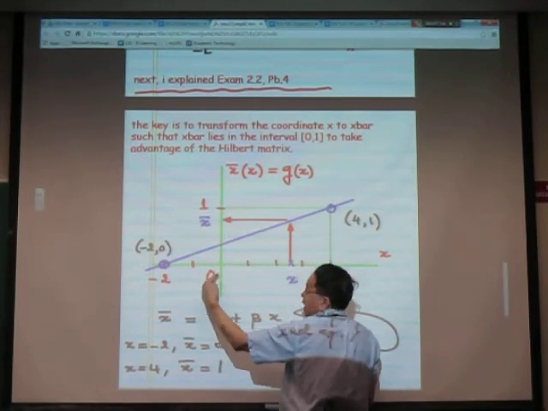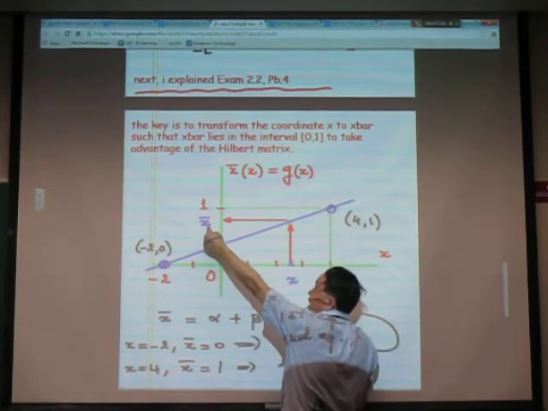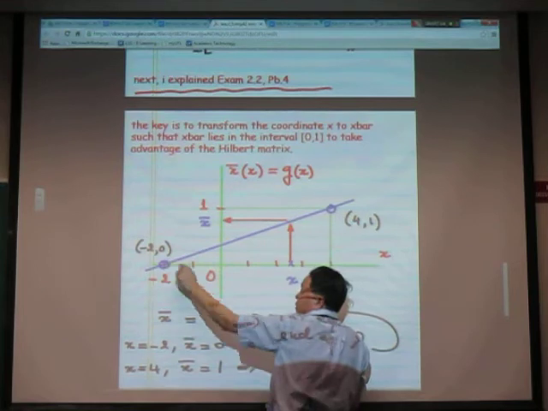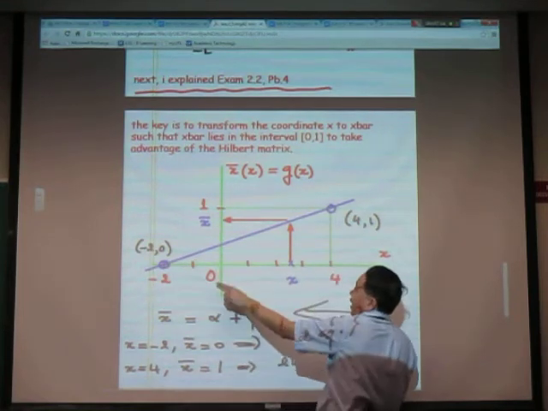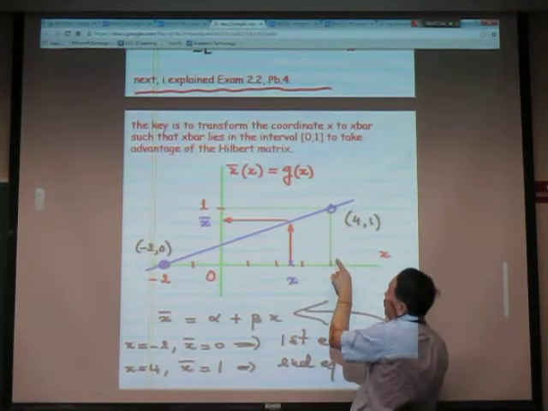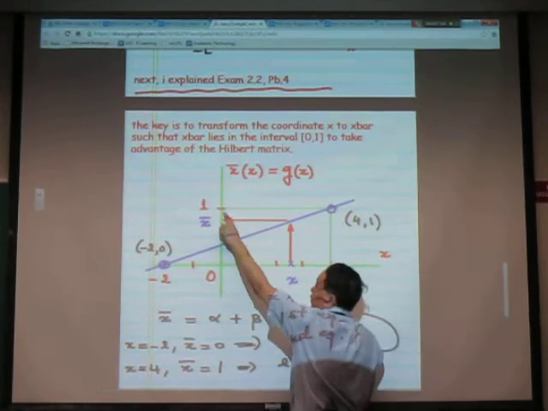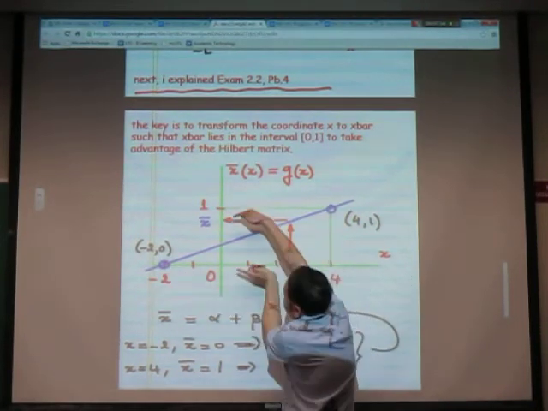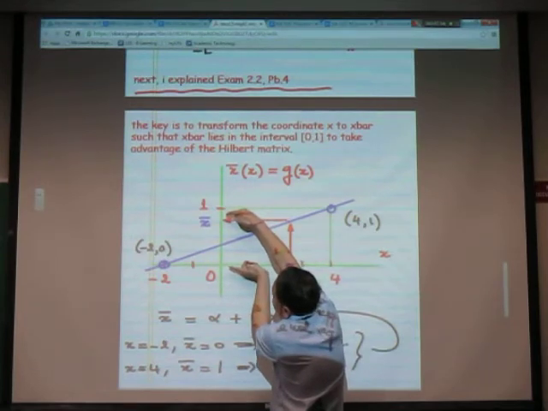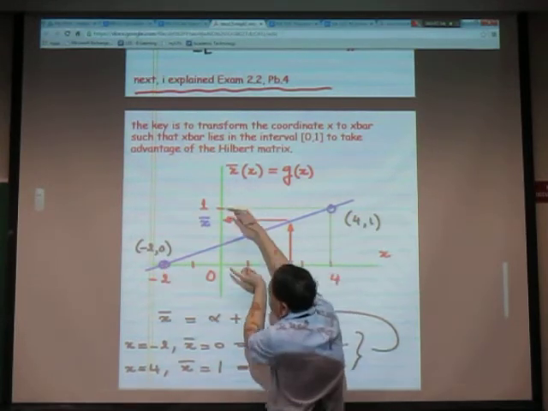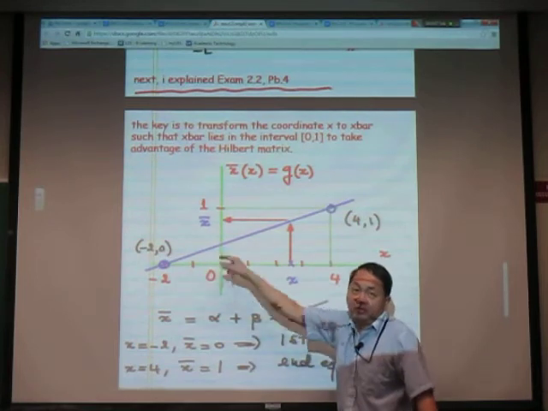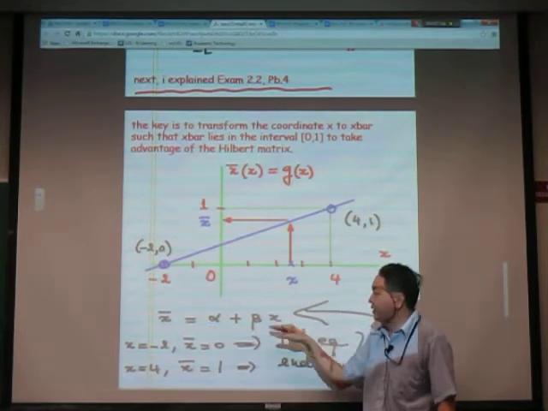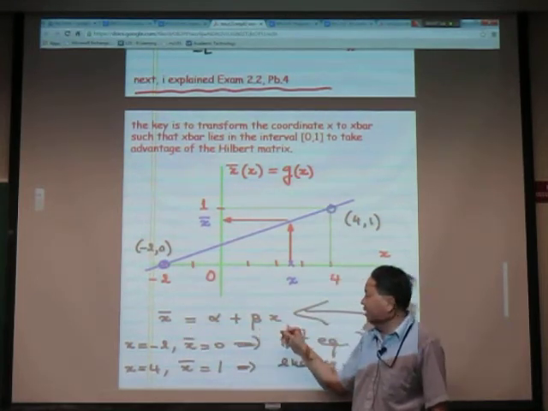So when x equals -2, you want x bar to be equal to 0. And when x equals 4, you want x bar to be equal to 1. So this whole interval is mapped into 0 to 1, from -2 to 4 to 0, 1. The result is a straight line, and this is the equation: x bar equals alpha plus beta x.